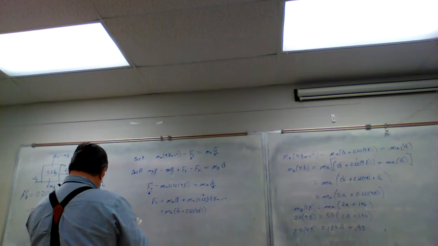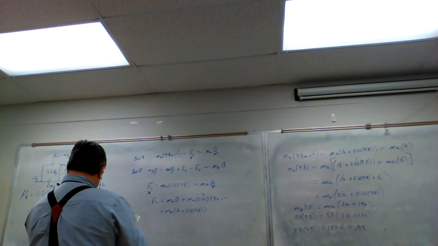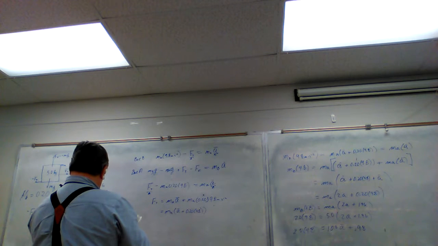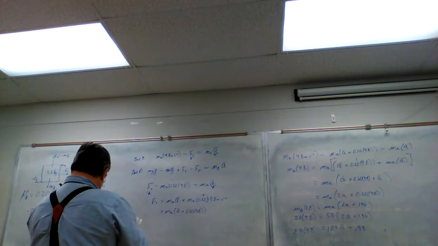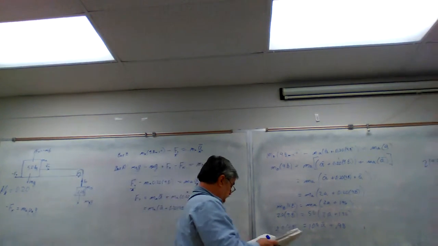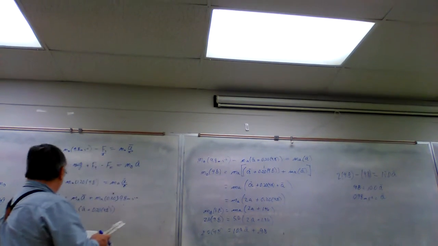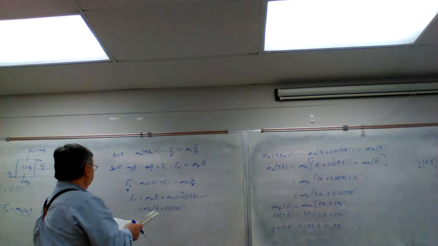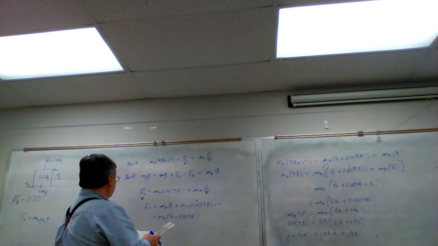Okay, that's right. For box A, force of tension minus force of friction. That's right. Now they said force of tension was force of friction plus mass A times acceleration. Well, that's what I got.